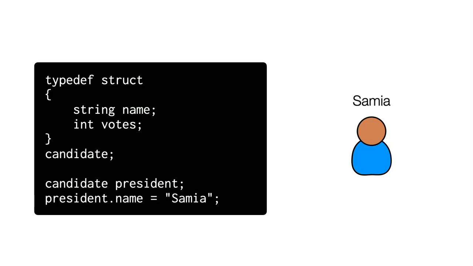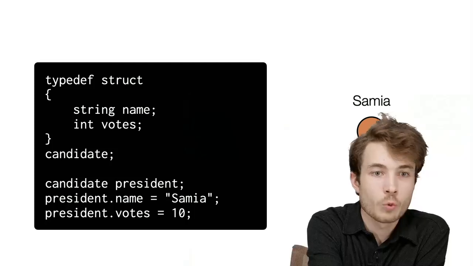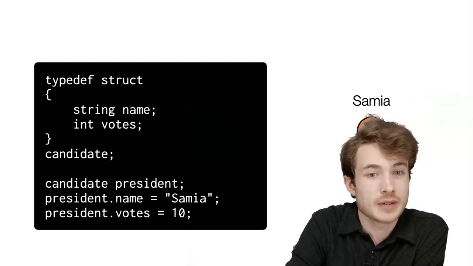We could say president.name equals whatever name we have for them. So in this case, Samya. And now, if we want to give them some number of votes, we could say president.votes now gets the value 10.